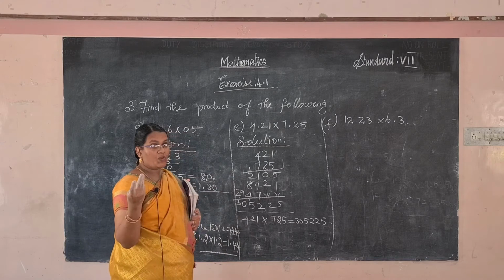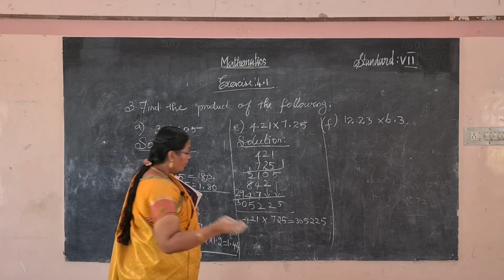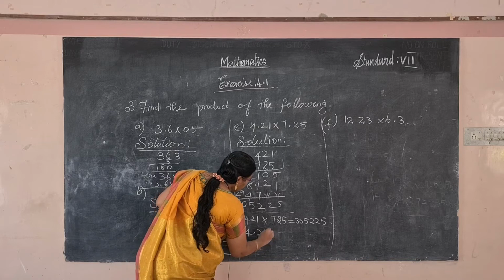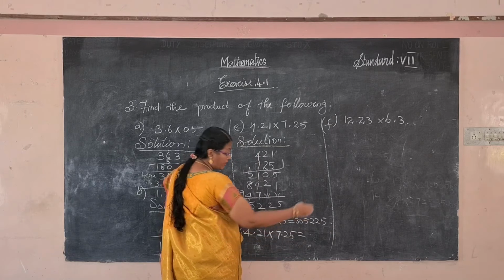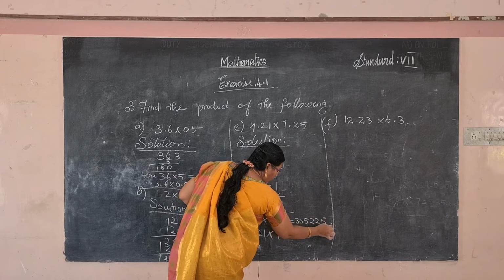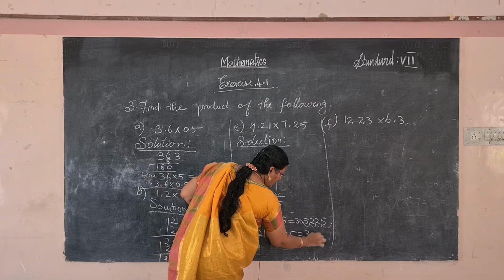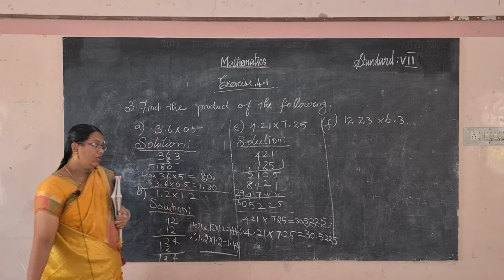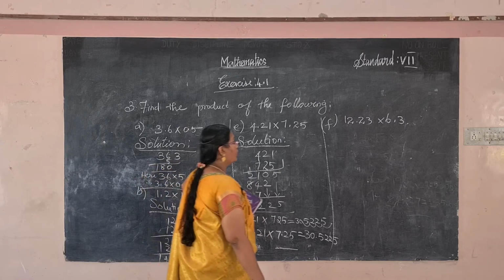So the total number of decimal places is 4. Therefore, 4.21 into 7.25 is equal to the decimal point shifted from the right side by 4 places. So 1, 2, 3, 4. Okay, so 30.5225. How can you read it? 30.5225. That's it. And the next problem.